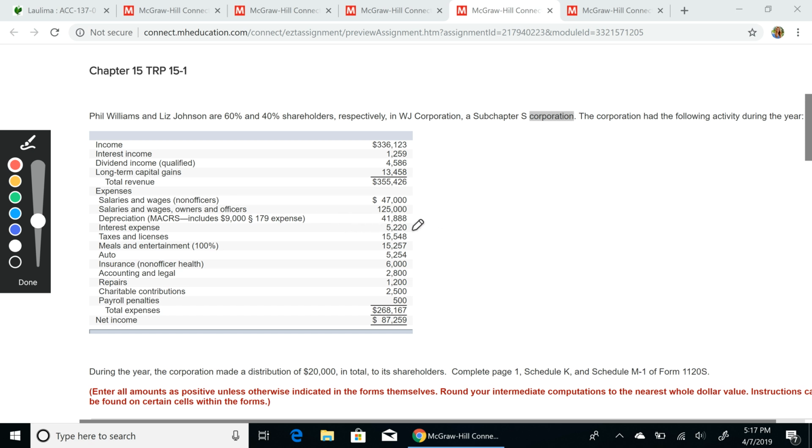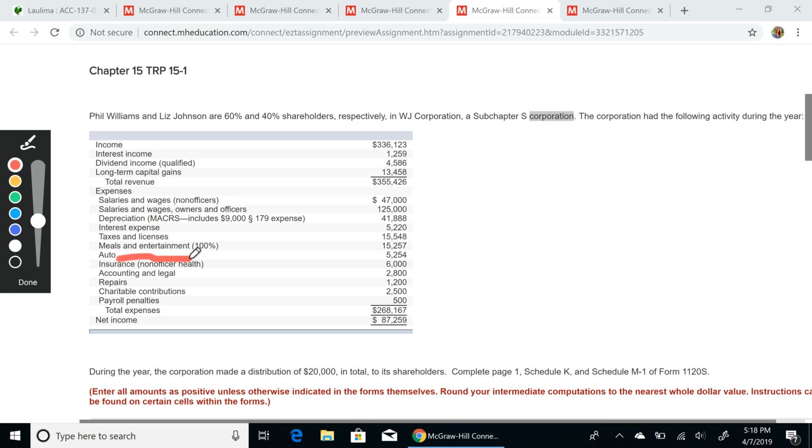Interest expense, taxes and licenses, meals and entertainment, which says 100%. We'll talk more about that because that's deceiving, because they are actually going to treat it like 50% in this problem. Usually 100% does mean you could deduct 100% because it's actually related to business operations. But in this case, they apply the 50% rule. So I wanted to give you a heads up about that, but we'll look at it in a moment.